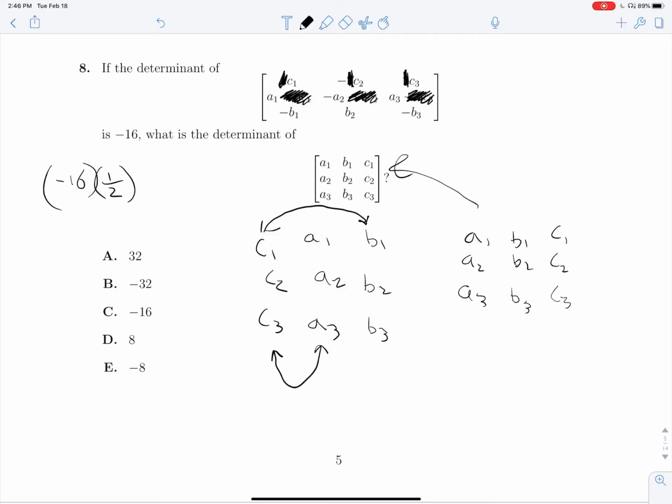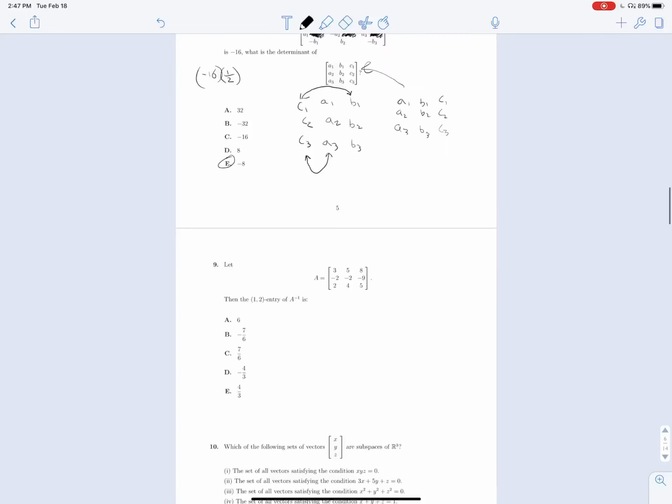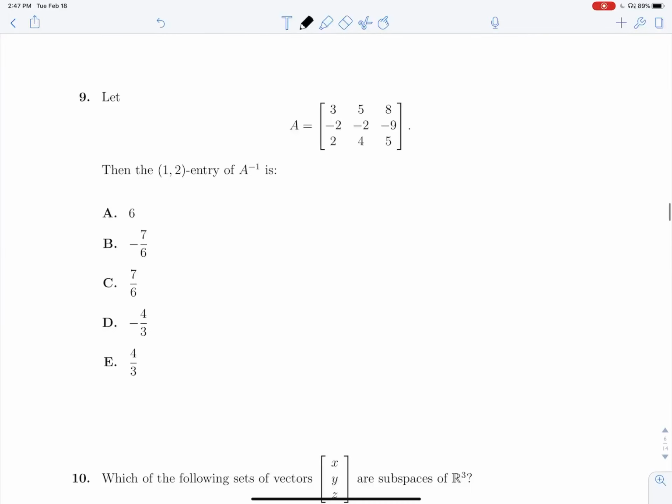And we know that flipping two rows multiplies our determinant by -1, and we've done that twice. So again, we're multiplying by -1 twice, and so our answer here should be E, -8 for question 8. Perfect, which is correct.